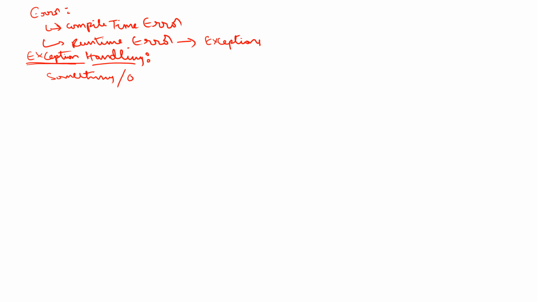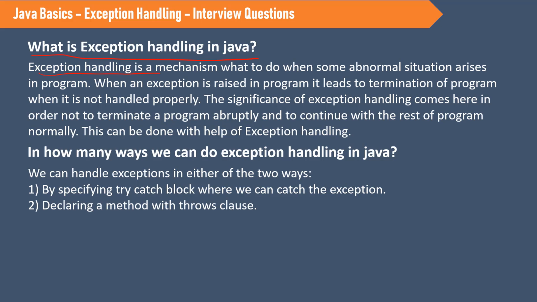If we don't have this exception handling mechanism, then Java will terminate the program whenever it sees this abnormal situation. So in order not to terminate the program and to proceed further, we need to have exception handling in Java.